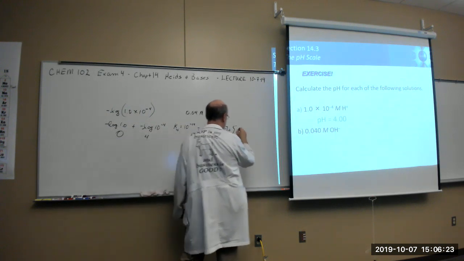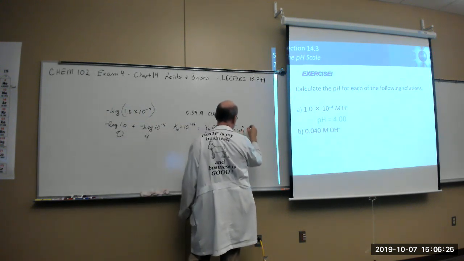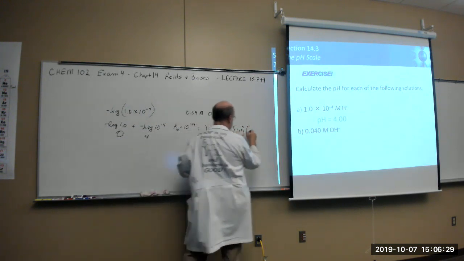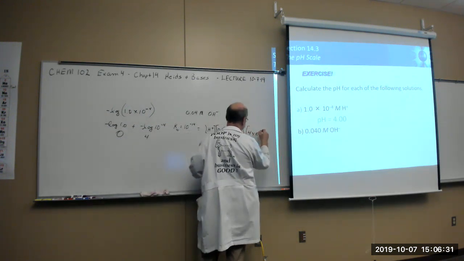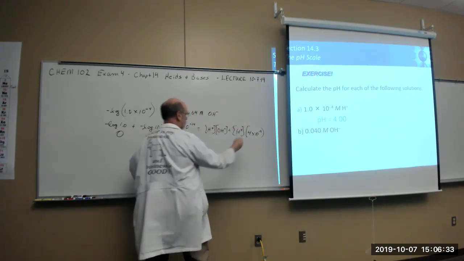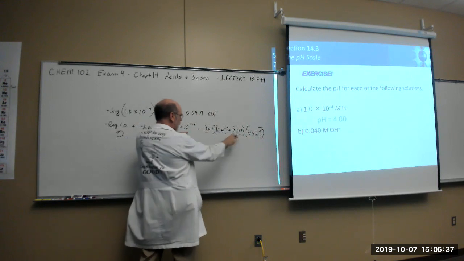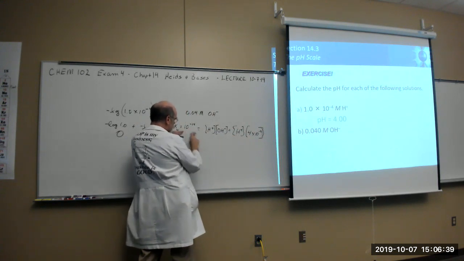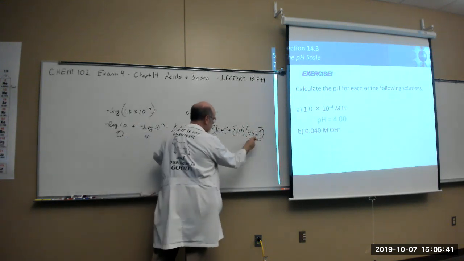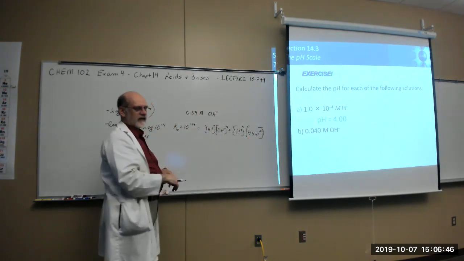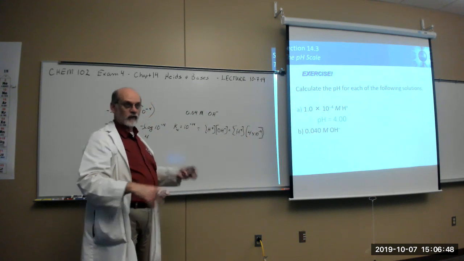So that means hydrogen ions times 4 times 10 to the minus 2. So then you would say hydrogen ion is 10 to the minus 14 divided by 4 times 10 to the minus 2. And then you take the negative log of that. Okay, that's one way to do it.